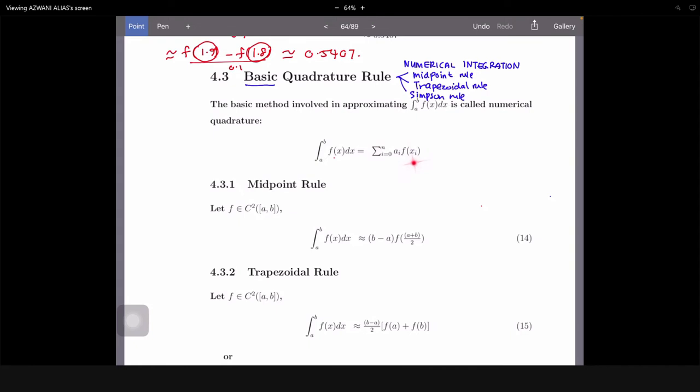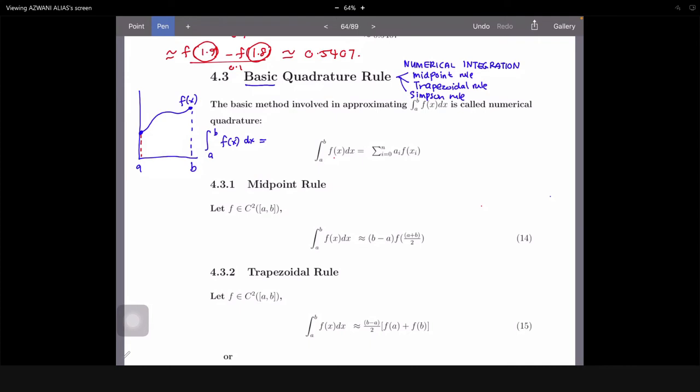Apa yang you faham dengan integration? Let's say kita ada a function. This is fx. Kalau kita integrate from a to b, apa yang you dapat? Integrate ab for the function fx with respect to x. Apa yang sebenarnya kita dapat? This is a, this is b. What is the meaning of the integration?